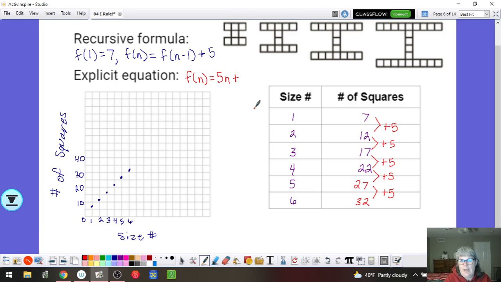The easiest way I have found to do this is plug in the size number for n, take it times 5, and determine what we need to do to that to get our number of squares. So when I do 5 times 1, that's 5, but to get the 7 squares I need to add 2. And we can test this. 5 times 2 is 10, plus the 2 is 12. 5 times 3 is 15, plus the 2 is 17. So we have our explicit equation as well.